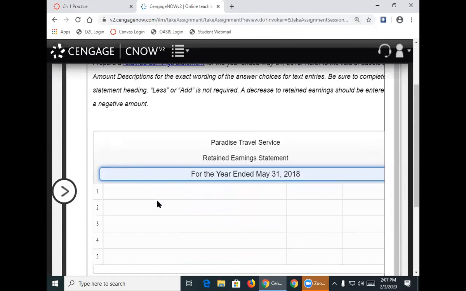Okay. Who remembers, while we're looking at this, what accounts go into retained earnings? What do I put in there? Fees earned. Good. And your dividends. Dividends, good. Change in retained earnings will go on here.